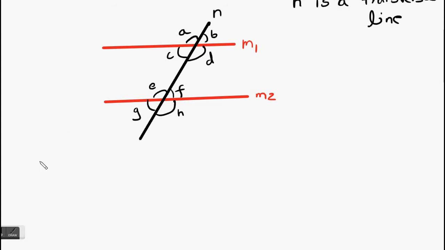Now the second angle that we are going to learn is alternate angles. So what are alternate angles? C and F are alternate angles. If you see this angle and this angle, both are alternate angles. I'm talking about this angle.